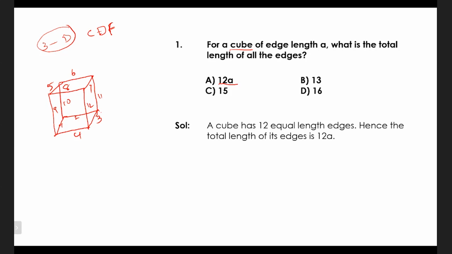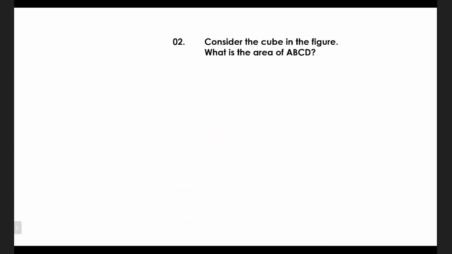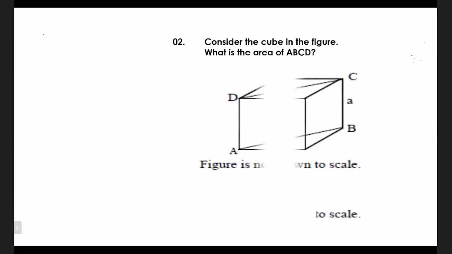Let us go to the next question. Consider the cube in the figure. What is the area of ABCD? Let us see. A, B, C, D. So this is the diagonal plane.